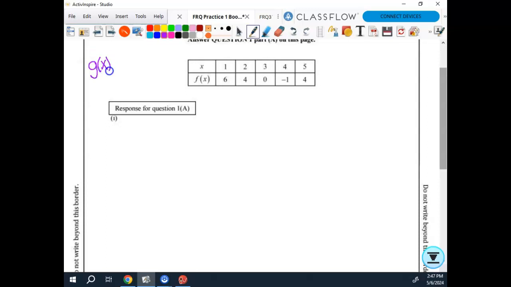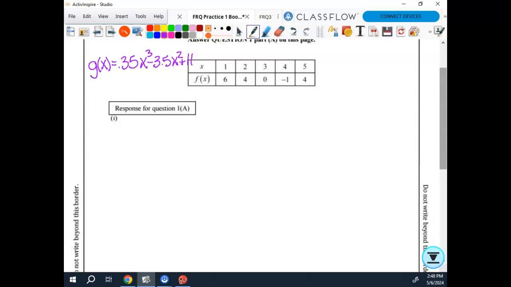G of X equals 0.35 X cubed minus 3.5 X squared plus 11.